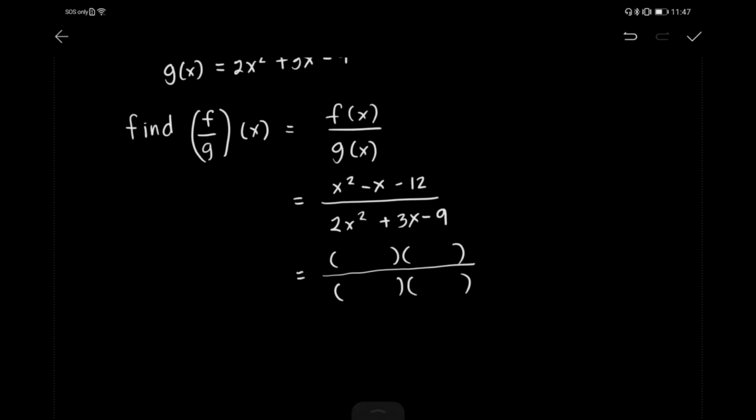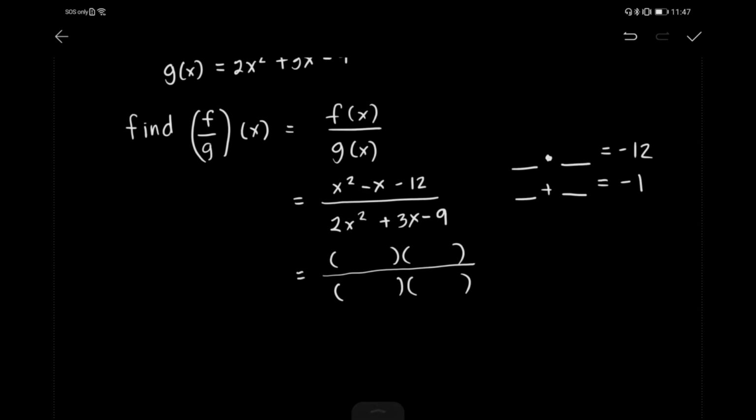To factor our numerator, where the leading coefficient is 1, we have to think of two numbers whose product is equal to the constant, which is negative 12, and if you add the two numbers, the sum is the b value in your quadratic, which is negative 1. So this is negative 1.